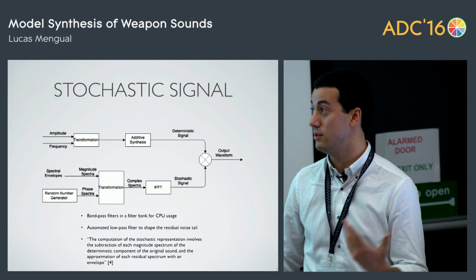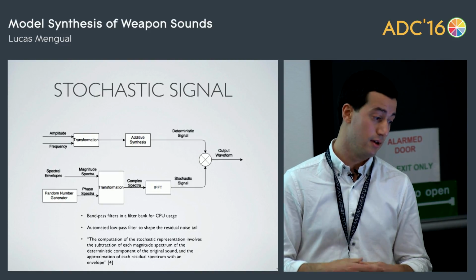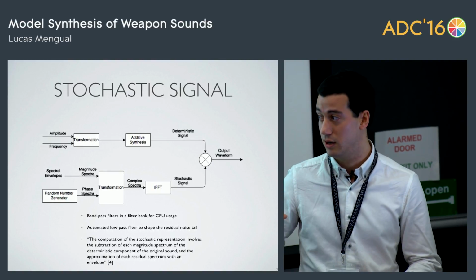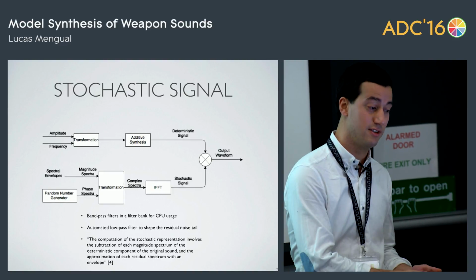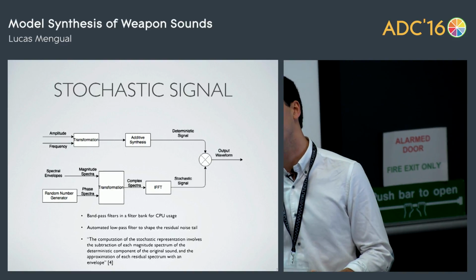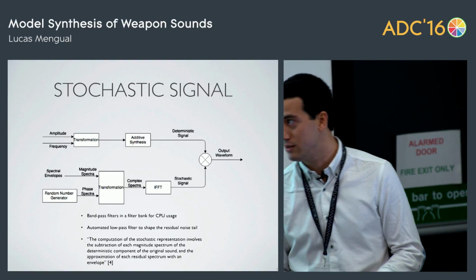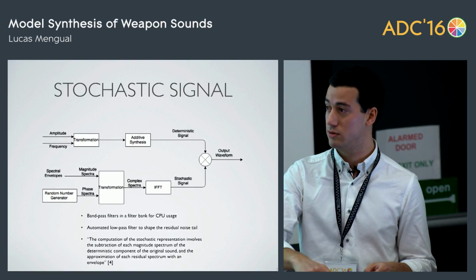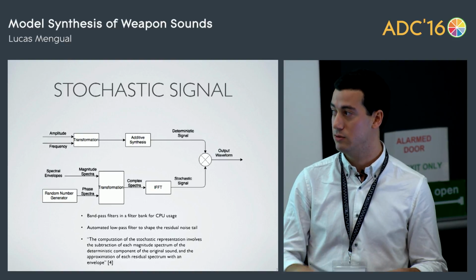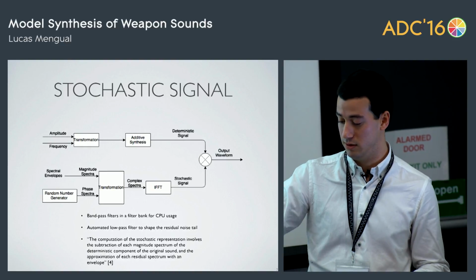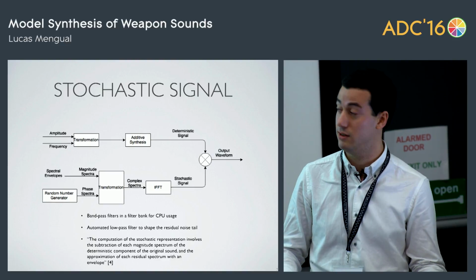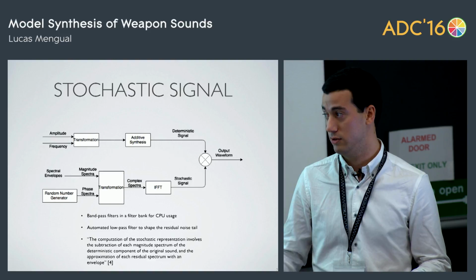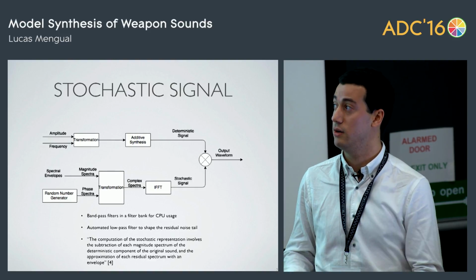For the stochastic part, I implemented an inverse function of the deterministic signal. It's hard to explain, but basically I did a subtractive synthesis using the same modes, with all the same values, and I split it into this stochastic route, taking out with different filters where the modes were playing.